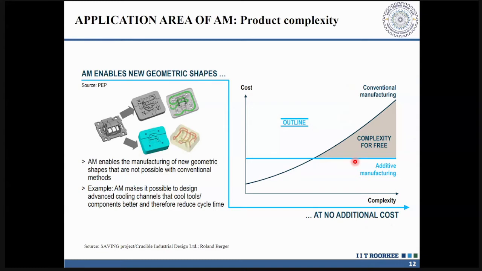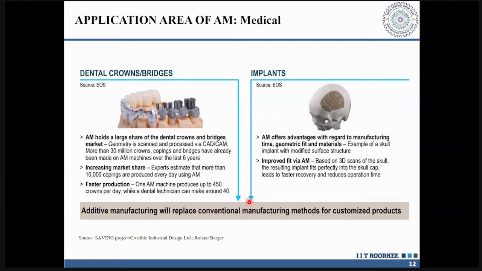Because of that, cost is independent of the complexity. No doubt there is a fixed cost, but there is no variable cost as such in additive manufacturing to fabricate the prototype. The other area of additive manufacturing is in the medical sector.